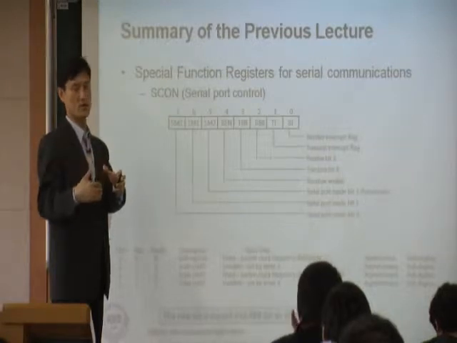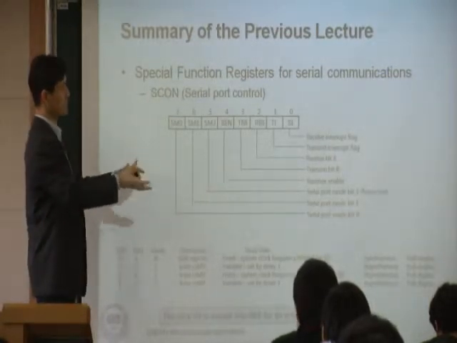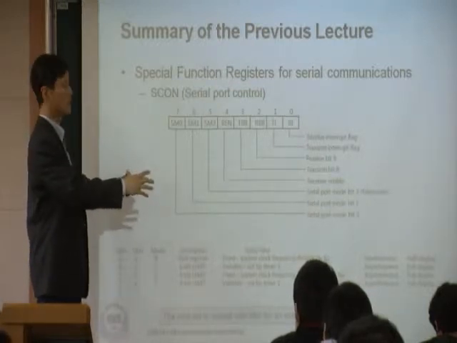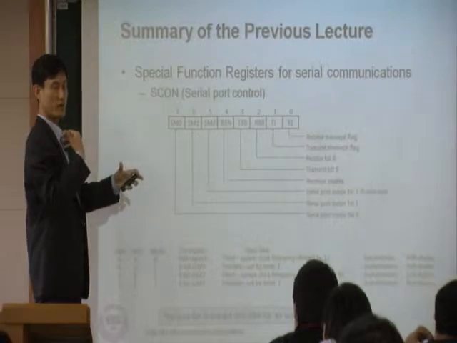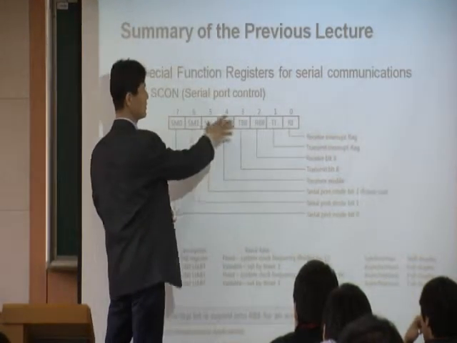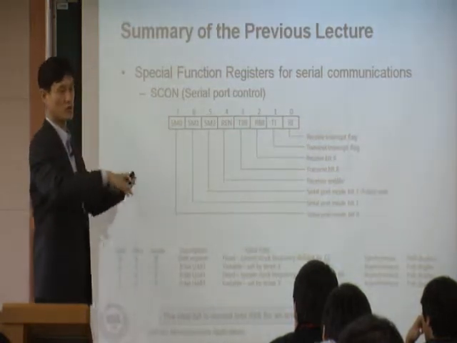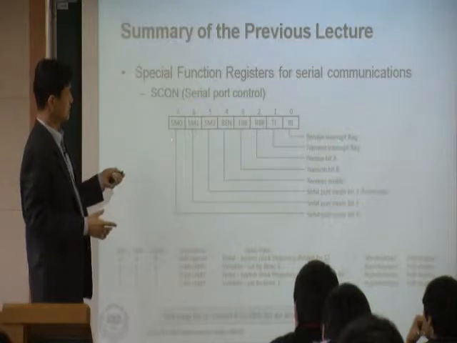TMOD, TCON, timer control, timer mode. Similarly, in the serial communication hardware, we have the SCON register. So for software, for assembly, we need to write some value in the SCON register in order to control the serial communication hardware block.